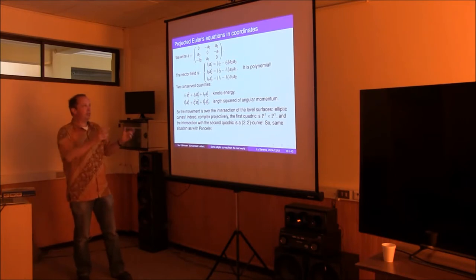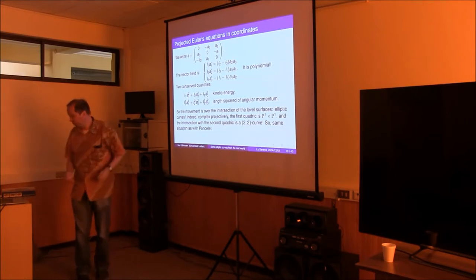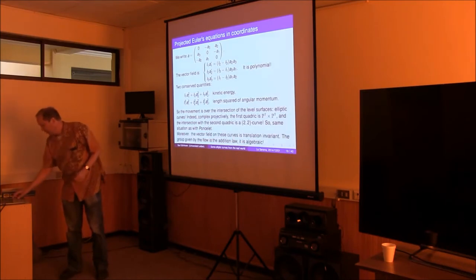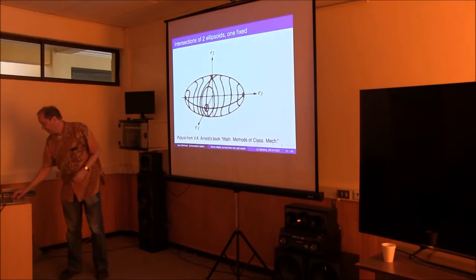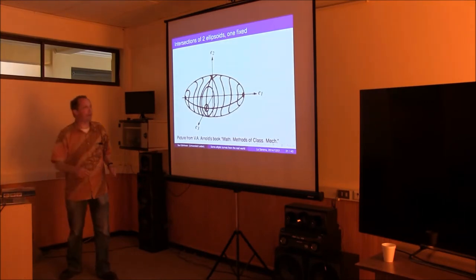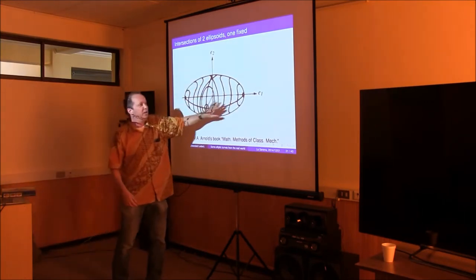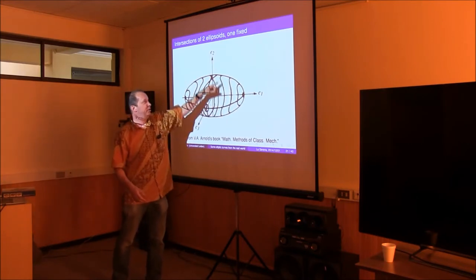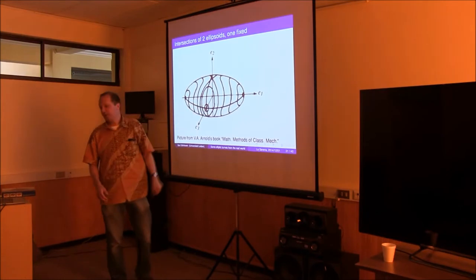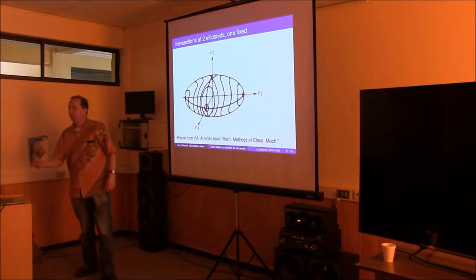If you intersect them, you get an elliptic curve. One can see that that is true, and it explains a lot about these kinds of curves. If this is one ellipsoid, and you intersect it with another one, you get a curve like these things, like these are drawn.